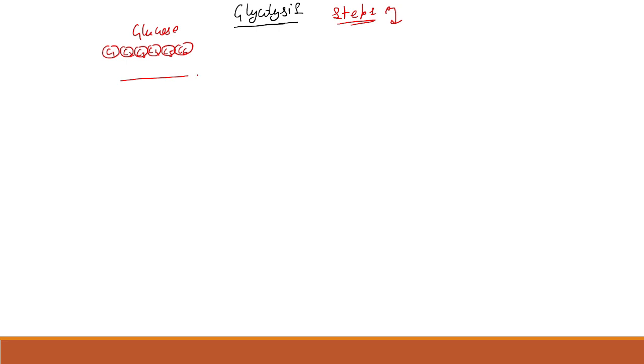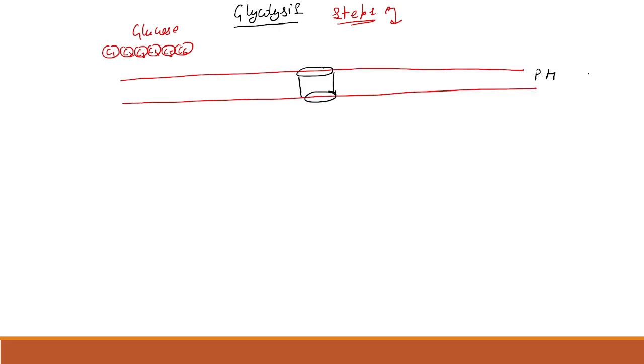Now take the plasma membrane of a cell. Glucose is water soluble, and our plasma membrane wouldn't accept the glucose molecule as it is. So for that we need a transporter. That transporter is known as the GLUT transporter.